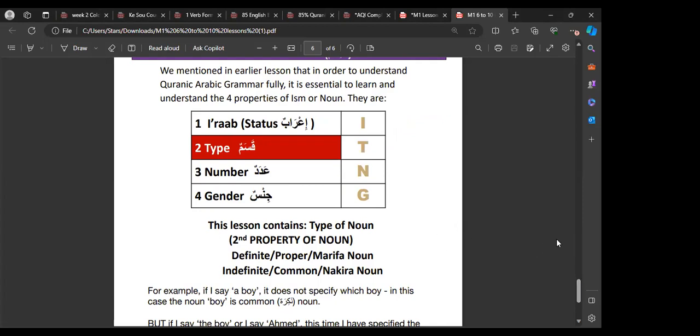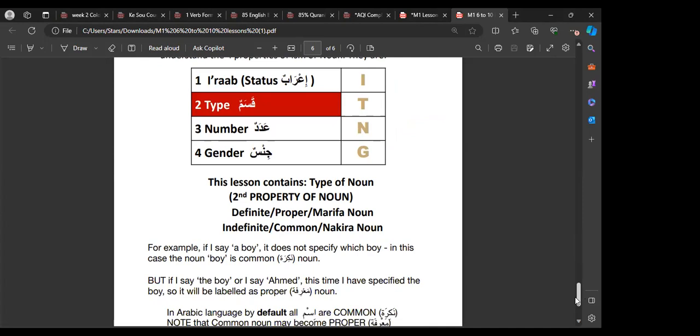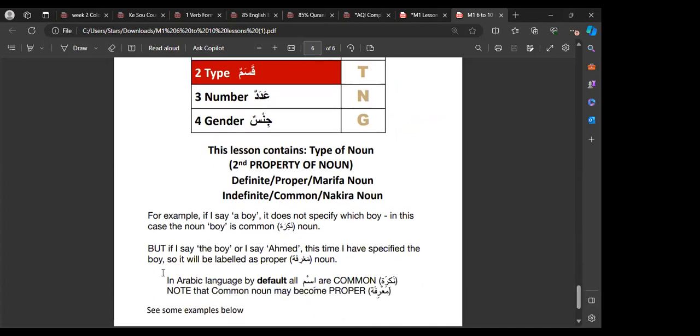The default type of noun is nakira. So in the Arabic language, by default, all ismuns are nakira, and they can become ma'rifa through the examples we gave earlier. But the default is nakira.